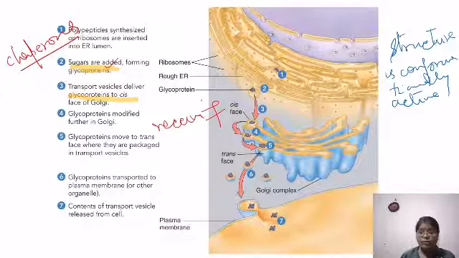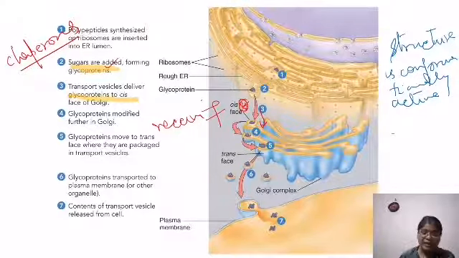You can see that there are stacks of cisternae. And what is happening from the cis end? Vesicles are formed from your endoplasmic reticulum, and they come and join at the cis end.